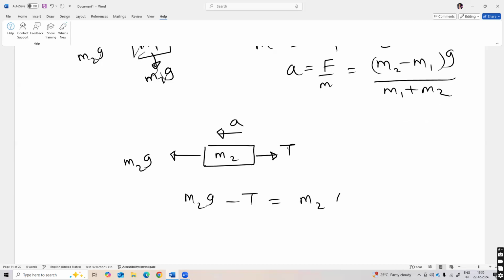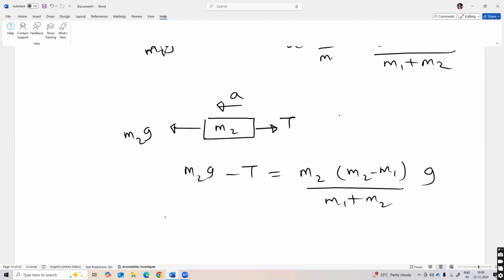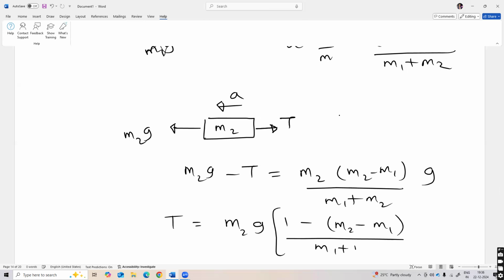So acceleration we found as (M2 minus M1) divided by (M1 plus M2) times G. Therefore tension will become equal to M2G, we'll take M2G common and it will become M2G into (1 minus (M2 minus M1) divided by (M1 plus M2)).